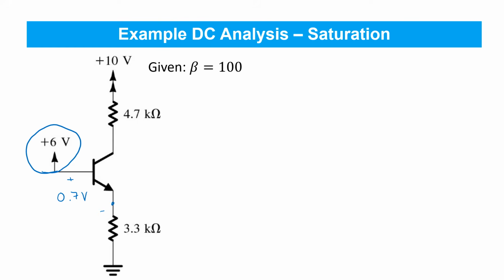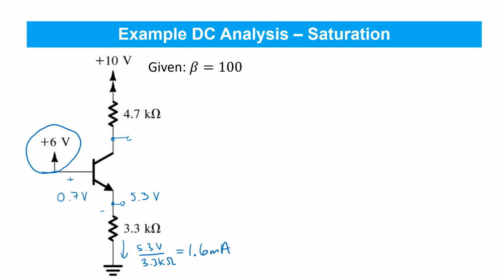And this time we find that the emitter voltage is 5.3 volts. The resulting current that flows here, therefore, is higher than before. It's 5.3 volts over 3.3 kiloohms, which works out to about 1.6 milliamps compared to the 1 milliamp before. And that makes sense because the base is at a higher voltage, so we've got to cross this resistor here.